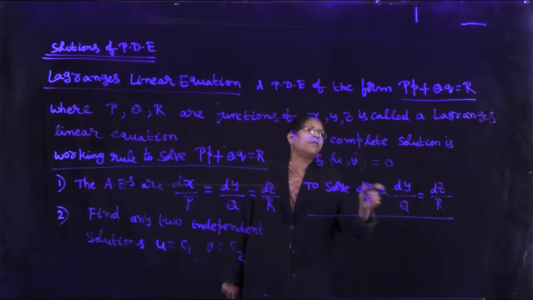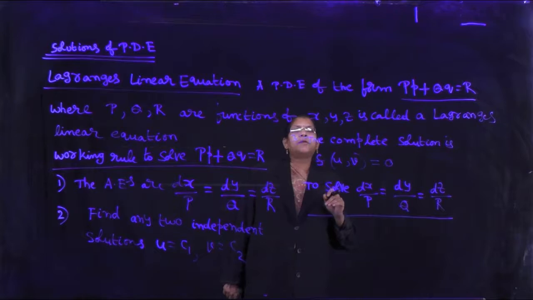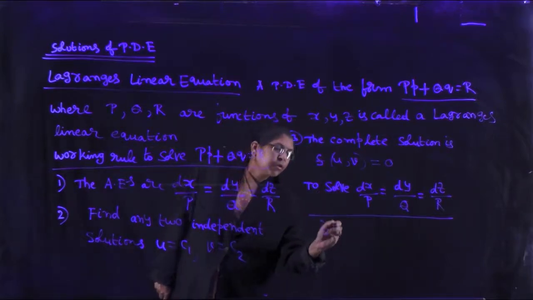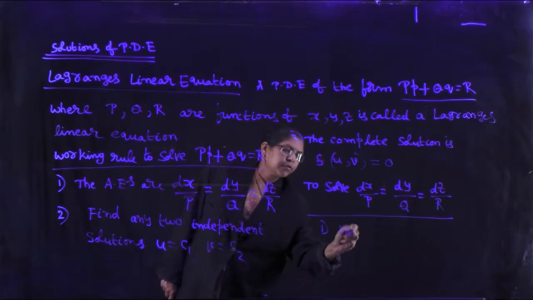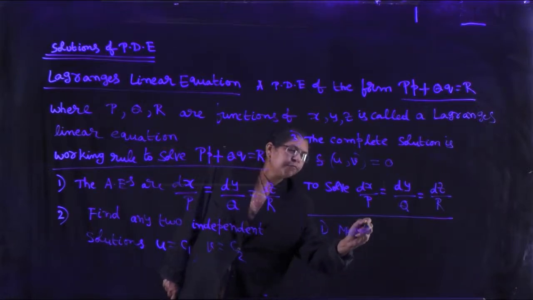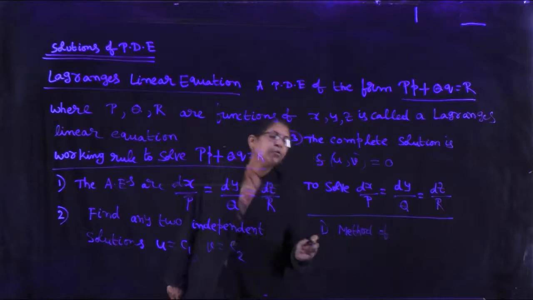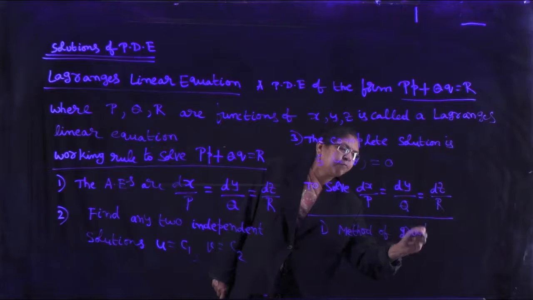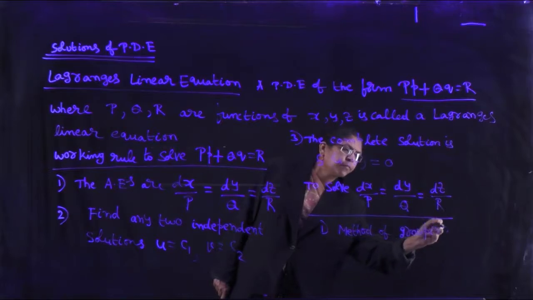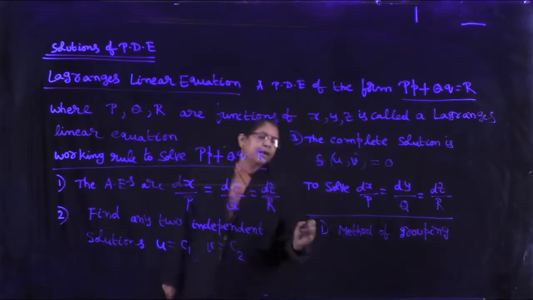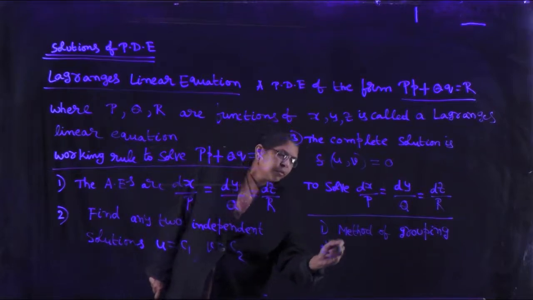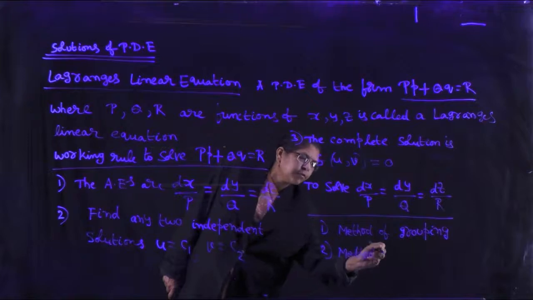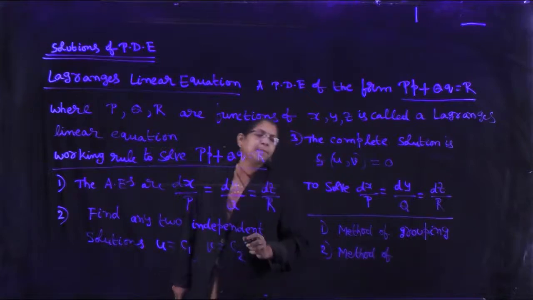To solve these auxiliary equations, there are two different methods. First one is method of grouping. Second one is method of multipliers.